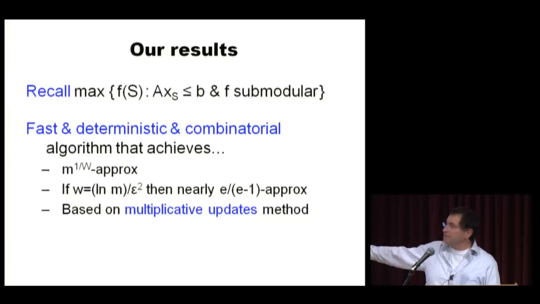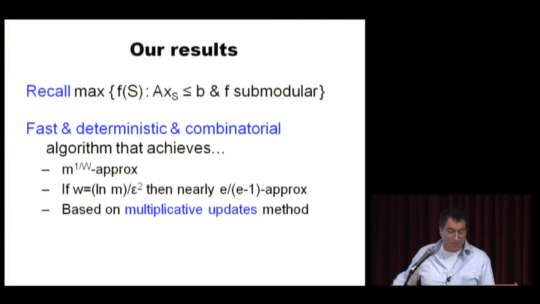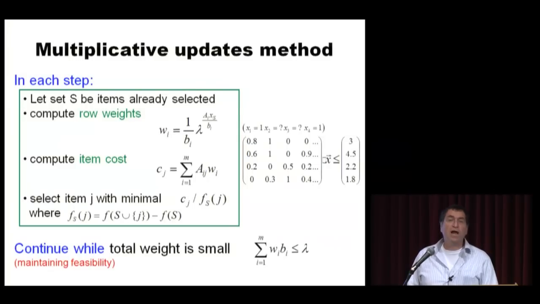And again, the limit when W is large enough, which means log M over epsilon squared, is approximately e over e minus 1, because you cannot get better than that. And the algorithm is based on the multiplicative weights update method, and I'll just give you the algorithm here. That's the whole algorithm.